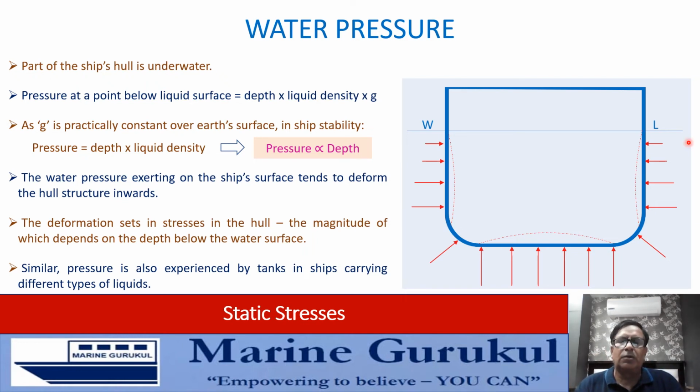The thrust on the boundaries shall be acting outwards. In this case, the thrust is acting inwards because the water is exerting the thrust from outside to inside, and this stress that is induced in the hull is said to be the stress induced because of the water pressure.